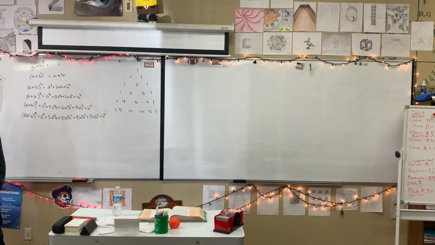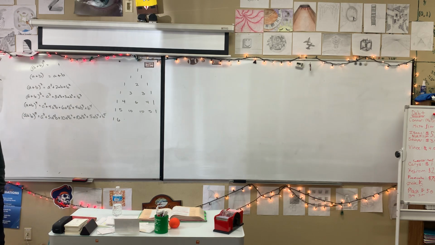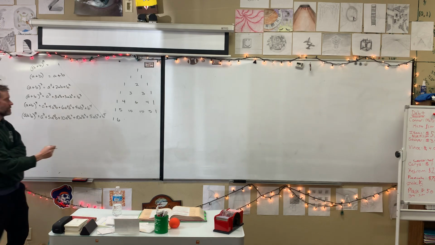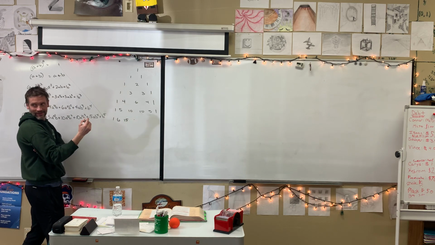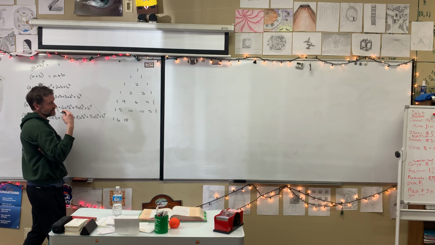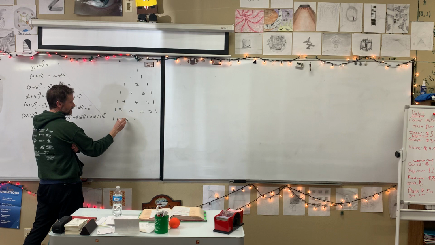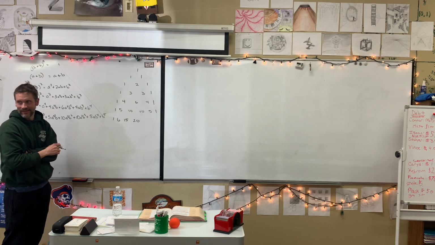Okay, do you want to venture what the next one would be? 1, 6, and to find the next one, you have to look at the previous line. 15. 20. 15. 6.